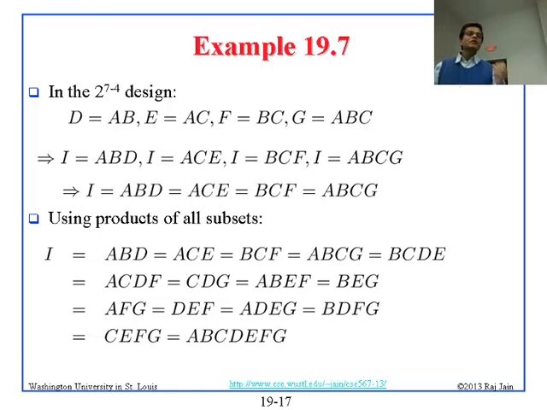Alright? So when you do a 2 raised to k minus p design, you are saving your work by a factor of 2 raised to p. And you will have how many terms like this? 2 raised to p. With every effect that you estimate, there will be 2 raised to p minus 1, I think, right? 1, 2, 3, 4, 5, 6, 7, 8, 9, 10, 11, 12, 13, 14, 15, yeah. 15 other effects that will be right there.